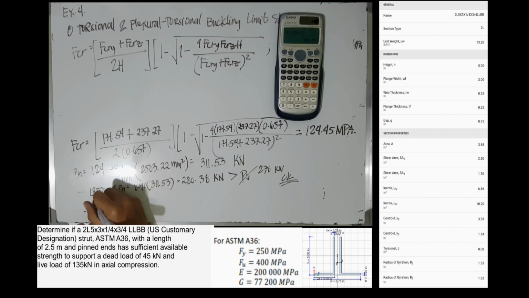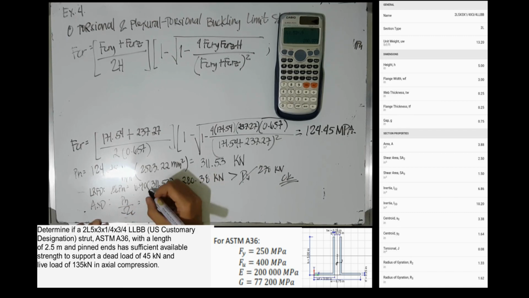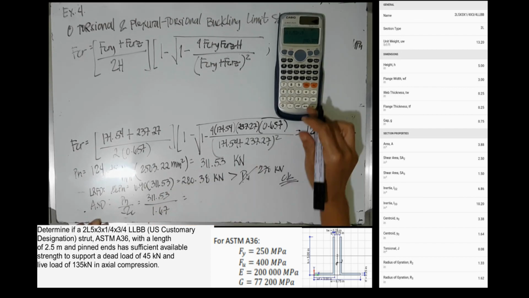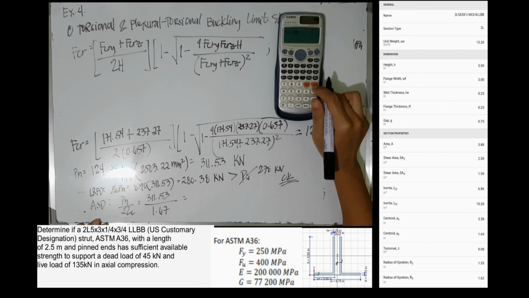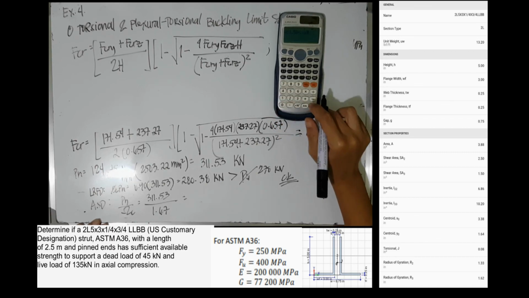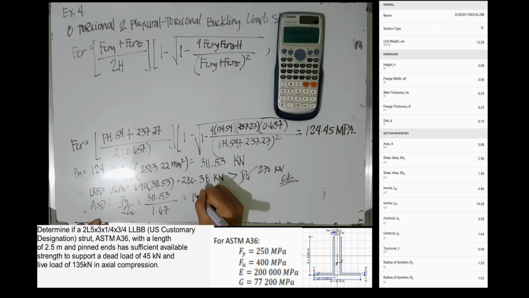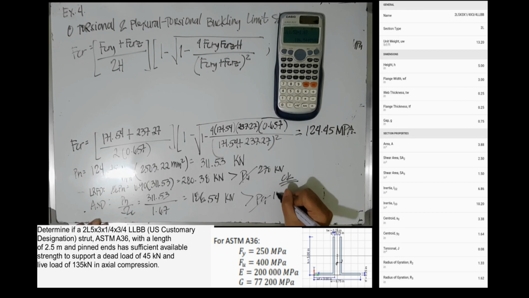So, okay, pasok siya. And then for ASD, divide lang natin siya into 1.67 or the safety factor for compression. So, it is equal to 186.5 or 0.54 kilonewton, and it is greater than our PA na only 180 kilonewton.